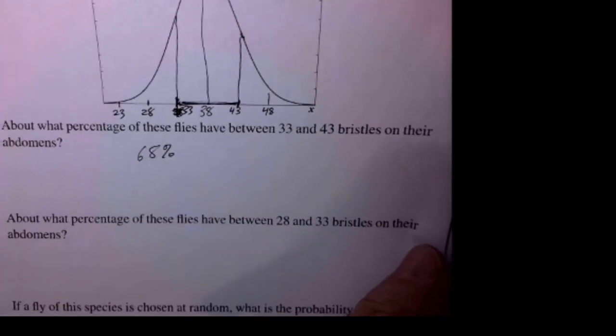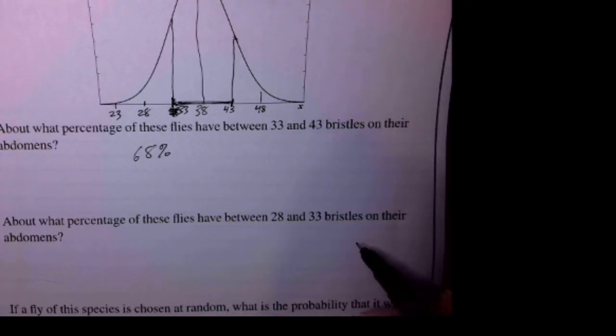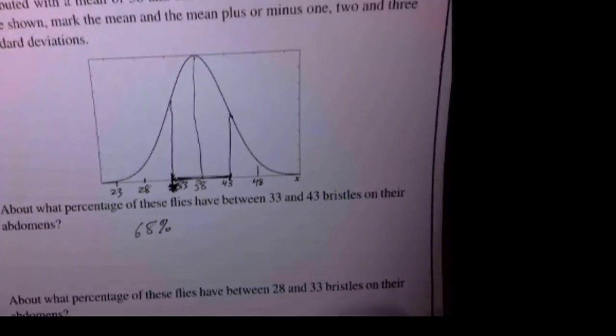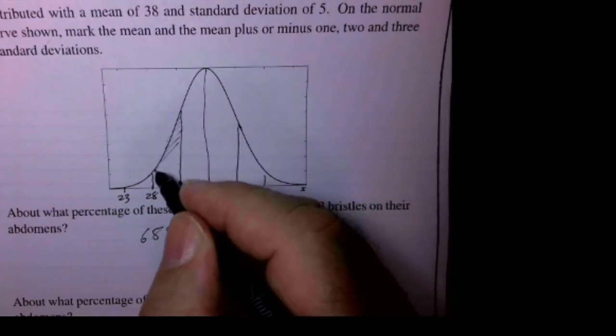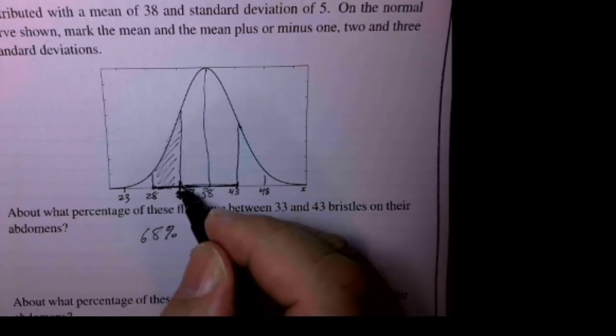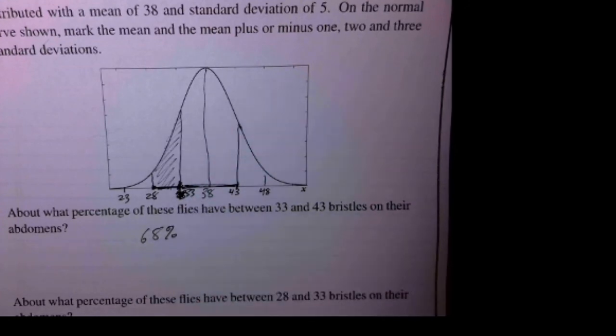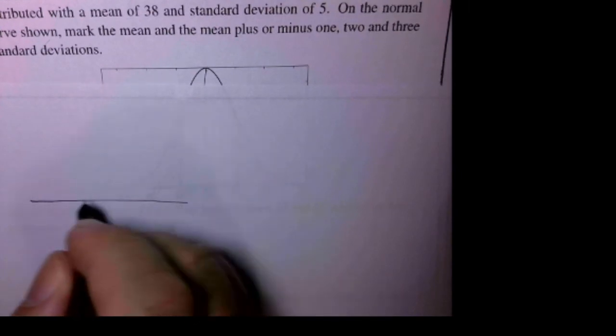Okay, next one's a little harder, got to think a little more. About what percentage of these flies have between 28 and 33 bristles on their abdomens? Now if I go up to the picture here, that would be the percentage that fall in this interval right here. Well, how are we going to calculate that? Probably the easiest way to do it is to draw some pictures and subtract some areas. So let's start with this.